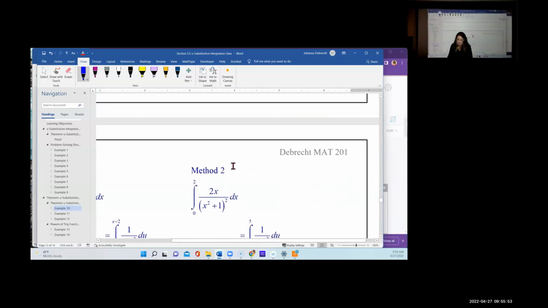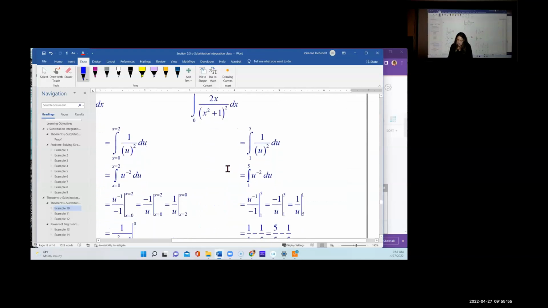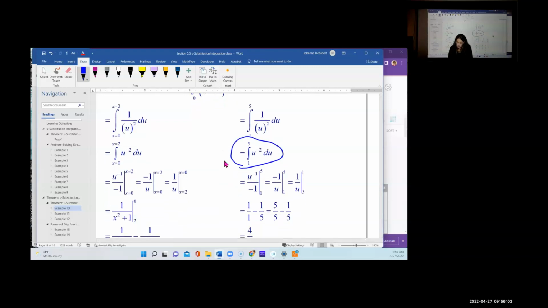It's exactly the same. So once we get it in that form, which you see right here, then we can go ahead and apply the power rule by adding 1 to the negative 2 and then dividing by the new exponent. So that's the power rule. And it goes between 1 and 5.